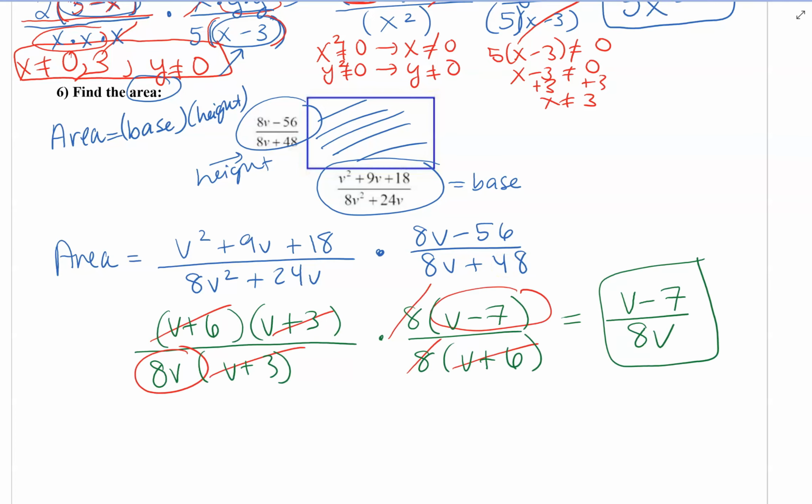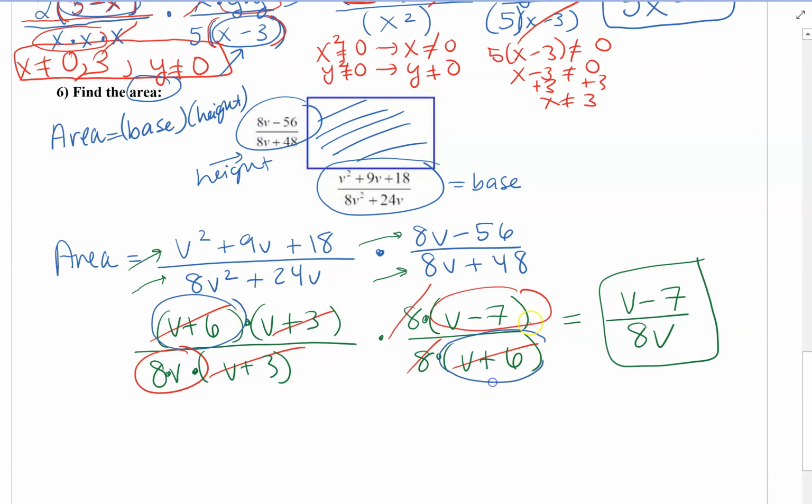Okay, so to multiply these expressions together, of course, we'd have to find the factors of each numerator and denominator, because they were all separated by additions and subtractions, and we wanted to change it to have everything separated by multiplication. When we do that, we notice quite a few common factors. We had a v plus 6 in common.